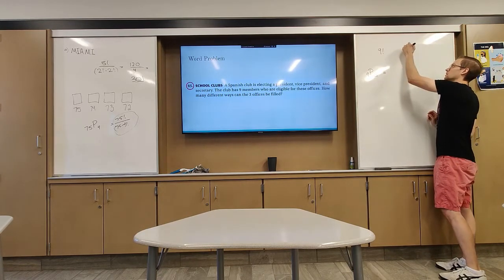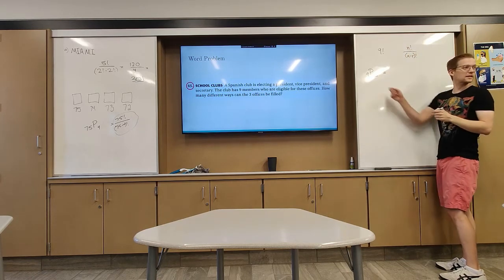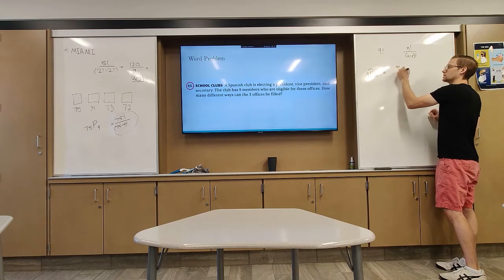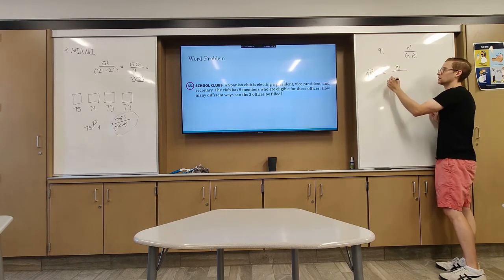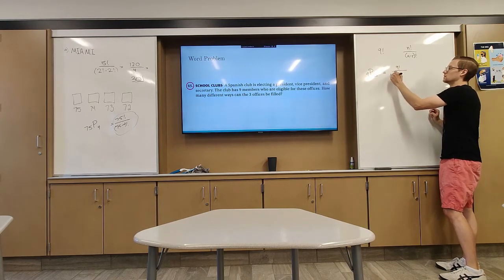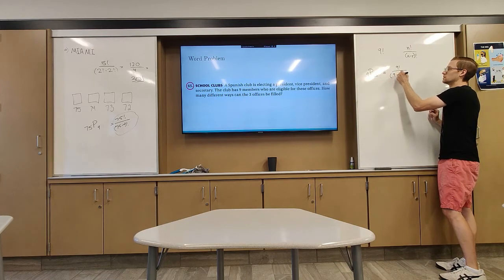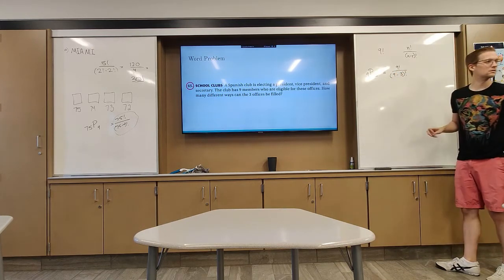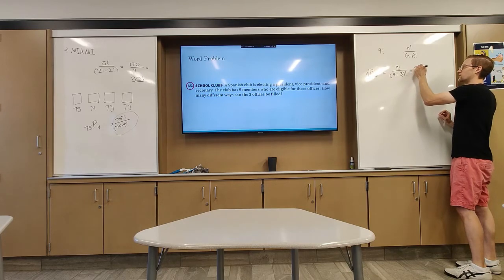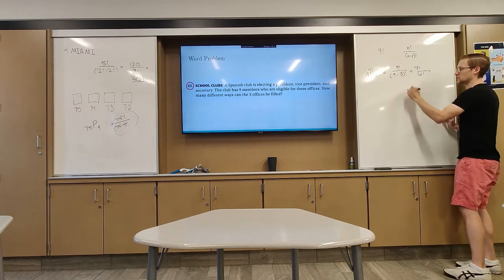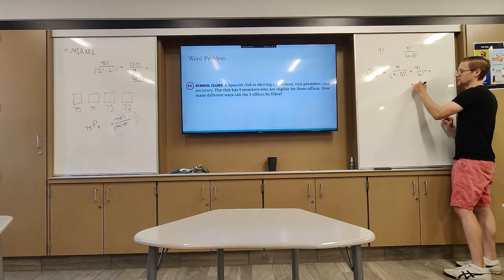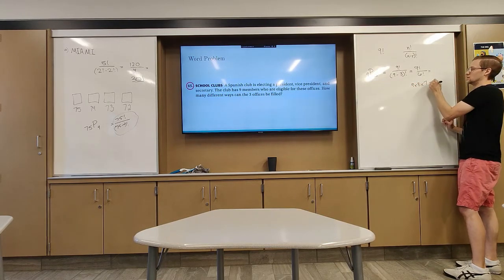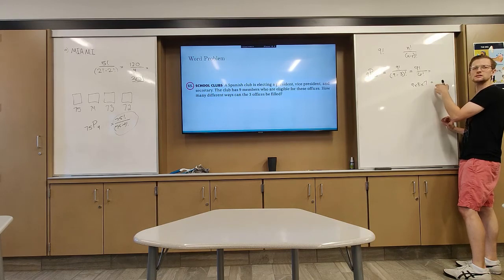N factorial divided by n minus r factorial. So in this case, it would be 9 factorial on the top divided by 9 minus 3 factorial, and so this is 9 factorial divided by 6 factorial, which is the same thing as 9 times 8 times 7, which is equal to what?